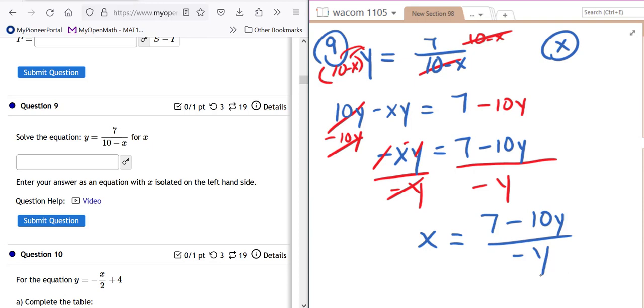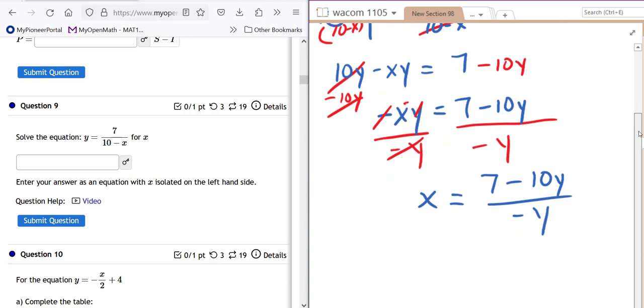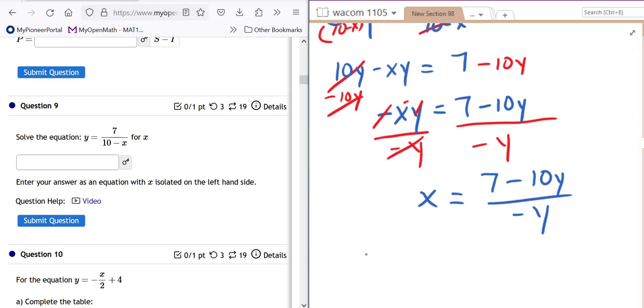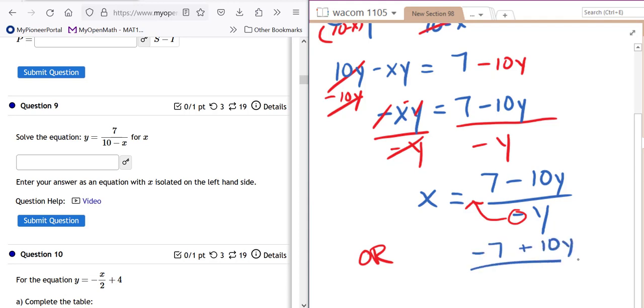So if you're looking at the choices and you don't see this, an equivalent answer is to take this negative and distribute it through the numerator. So if we put this negative outside and distribute it through the numerator, it would be negative 7 plus 10y over y equals x. So that's an equivalent answer.